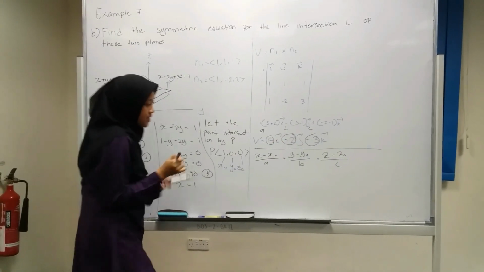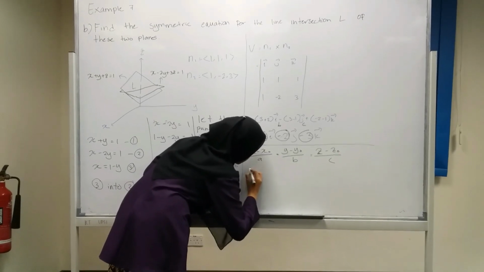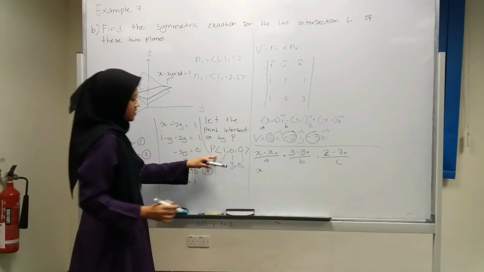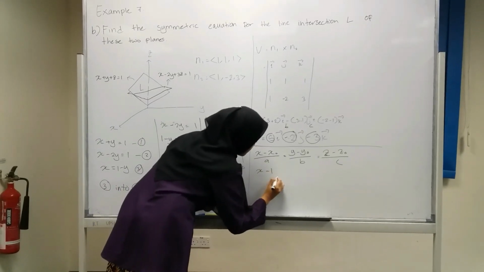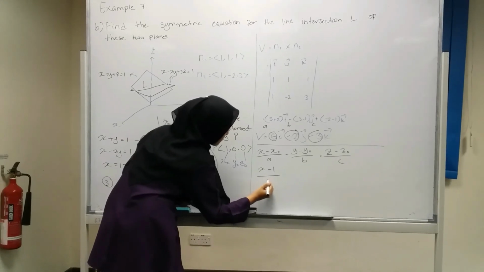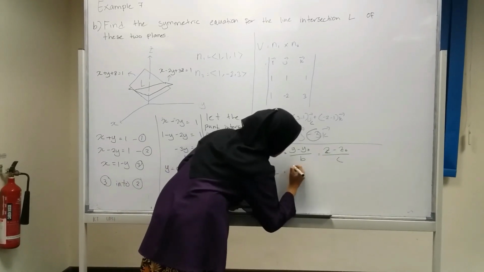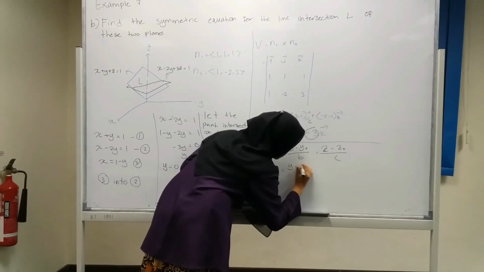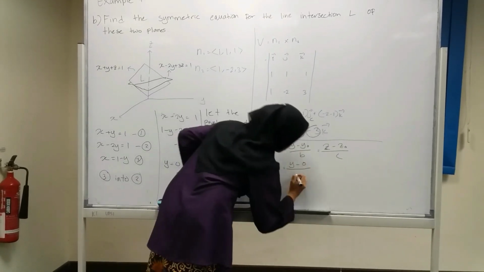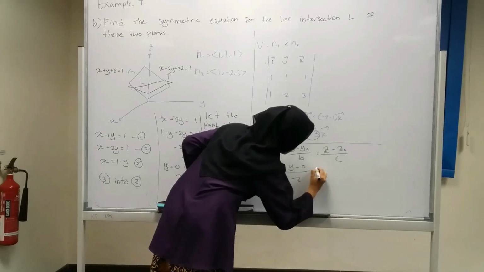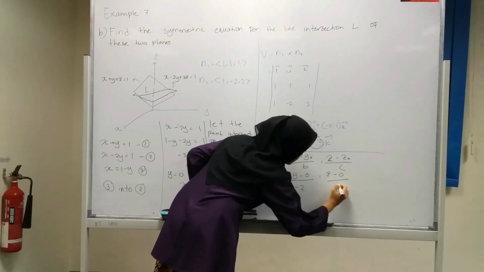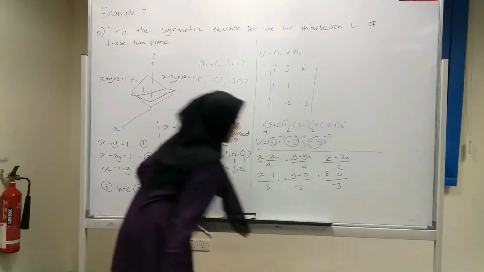So we can write our symmetric equation like x minus 1 divided by 5 equal to y minus 0 divided by negative 2 and equal to z minus 0 divided by negative 3.